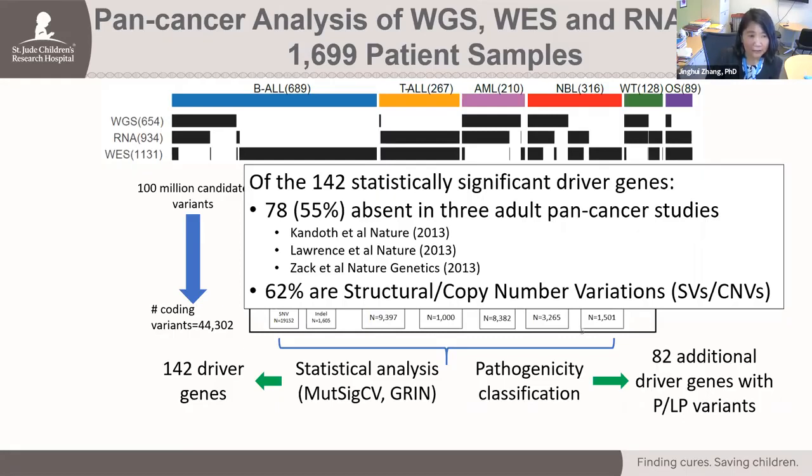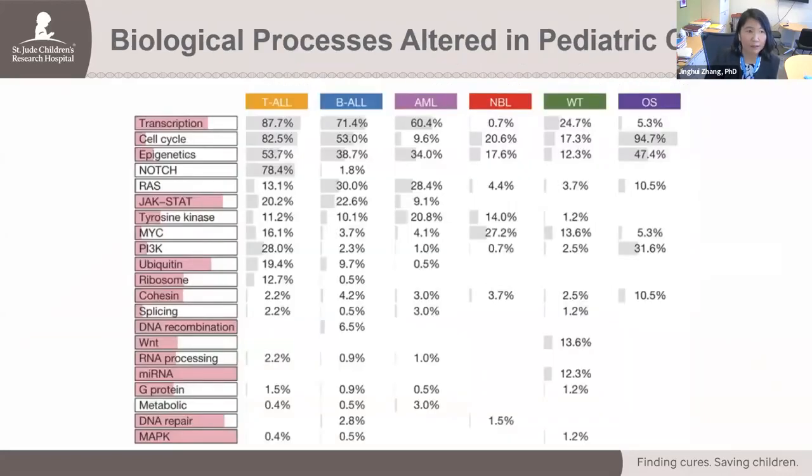The other lesson we learned is that about 62% of the driver variants are caused by structural variations or copy number alterations. This really indicates that whole genome sequencing profiling is a critical and important technology that has to be applied in both the research and clinical testing of pediatric cancer patients.